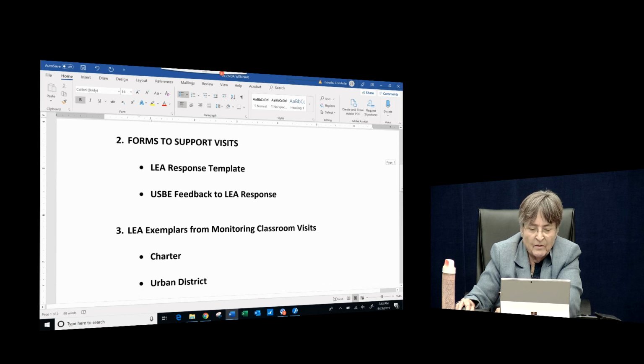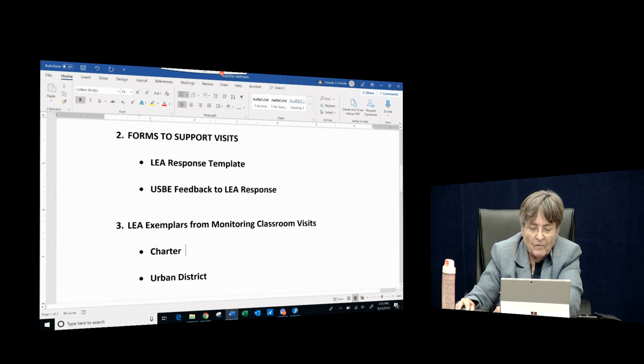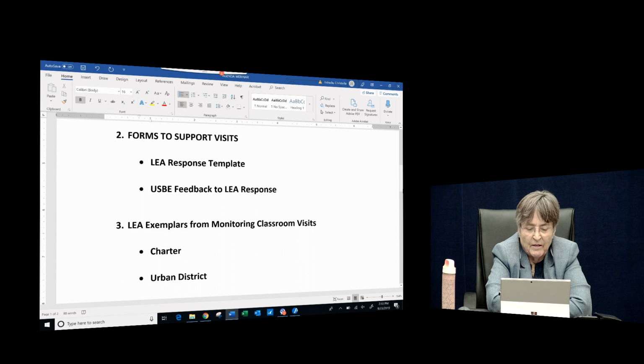Okay, the second part of the webinar, we're actually going to look at the LEA response template. Now, these forms are to support monitoring visits. And remember, the purpose of the monitoring visit is for the state agency to provide the kind of feedback that helps the LEA make decisions related to aligning resources so that the impact is student outcomes.